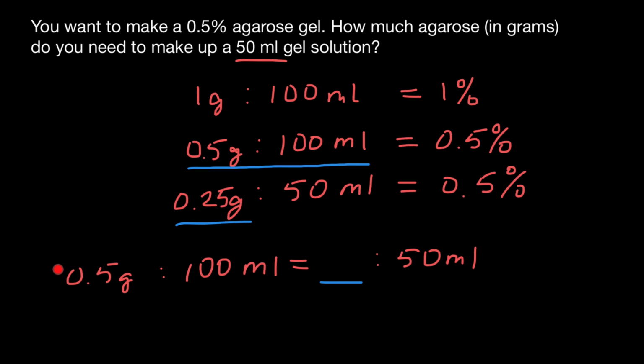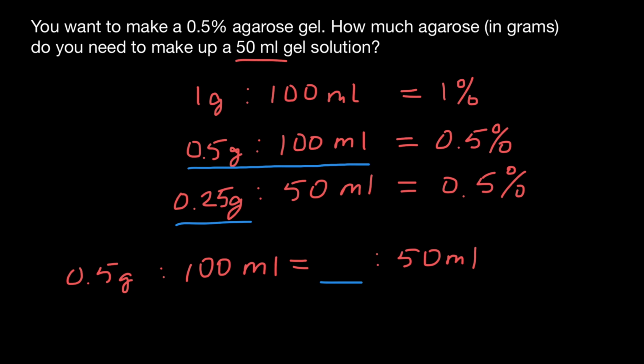We have a ratio on the left, we have a ratio on the right. One number is not known, but in order for these two ratios to be equal, we make this proportion. So proportion is when two ratios are equal.